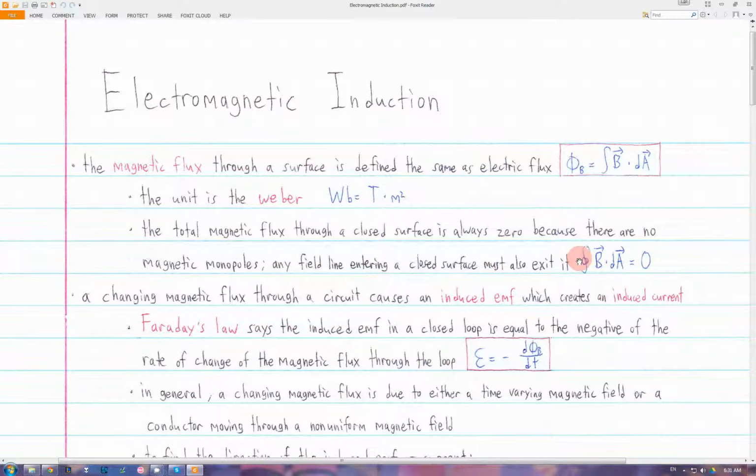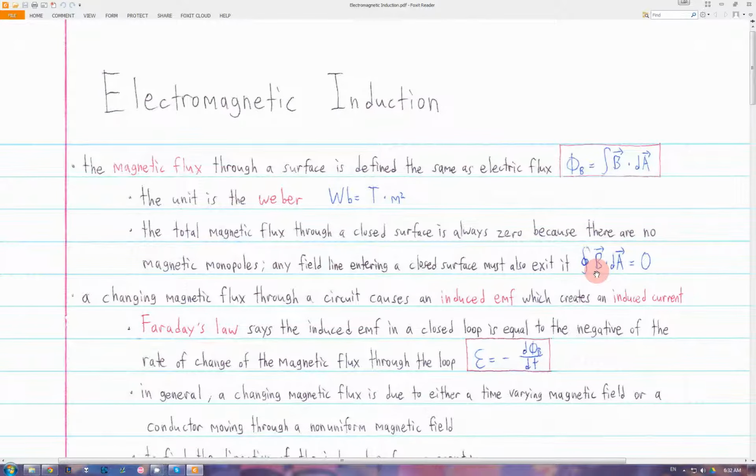Okay, so now let's talk about electromagnetic induction. It turns out if we have a circuit and there is a changing magnetic flux through that circuit, then it can induce an EMF, which in turn causes an induced current. Faraday's law says that the induced EMF in a closed loop is equal to the negative time rate of change of the magnetic flux, which is the derivative of the magnetic flux.